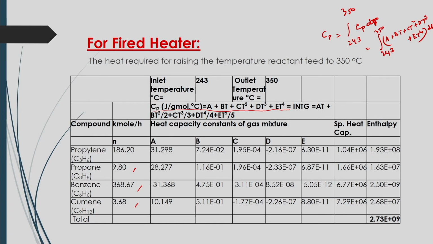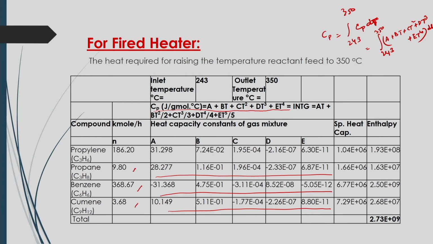Now, for propylene the coefficients A, B, C, D, E are given respectively in this column here, and similarly for propane these constants are given, for benzene also those constants are given, for cumene also those constants are given.